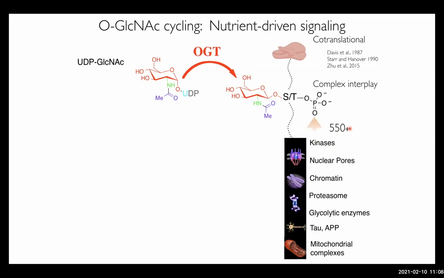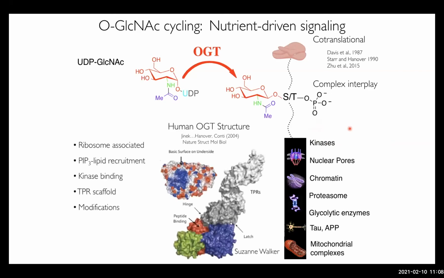cytosolic post-translational modifications. So we've been involved fairly heavily in the structure of OGT work in our lab, and Suzanne Walker's have resulted in a pretty complete understanding of the OGT structure. We also know that O-GlcNAc transferase is ribosome associated. It's recruited by PIP3 and other inositol phosphates. It has a kinase binding domain near the catalytic surface.